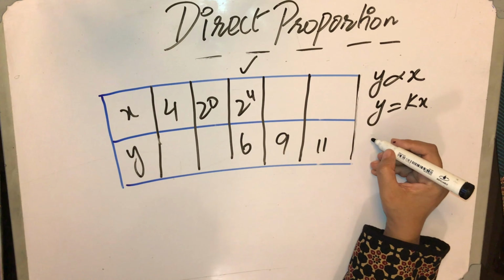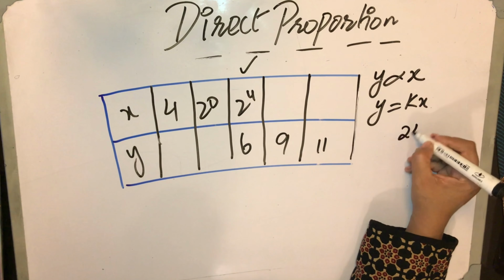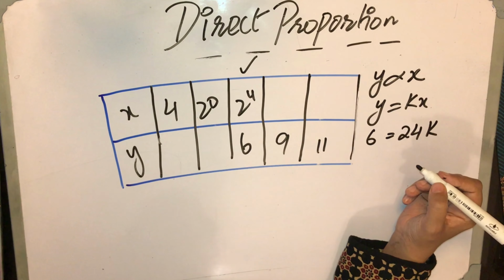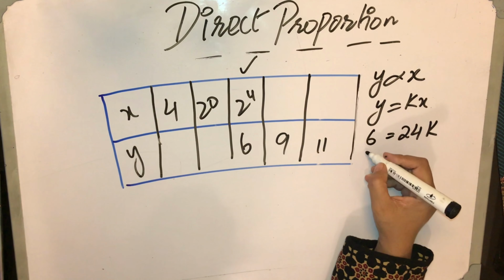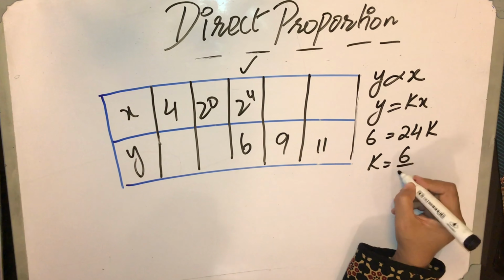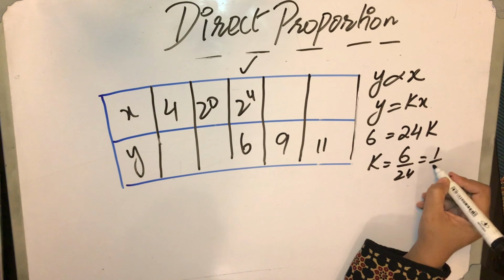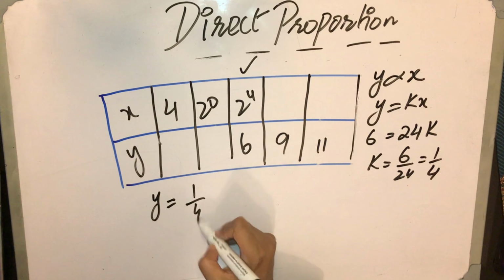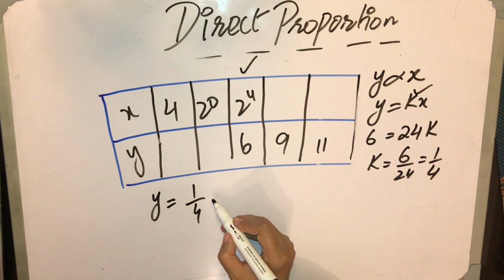I shall use x 24, k equals y is 6, or we can say that when y is 6, x is 24, and the value of k will be 6 over 24, which is 1 by 4. Now the equation is y equals 1 by 4 x. Instead of k, we have written this 1 by 4.